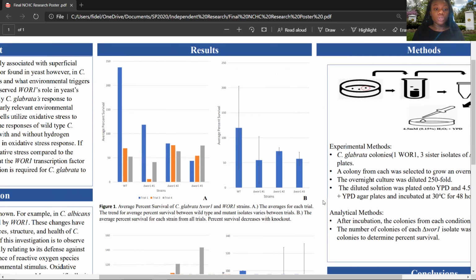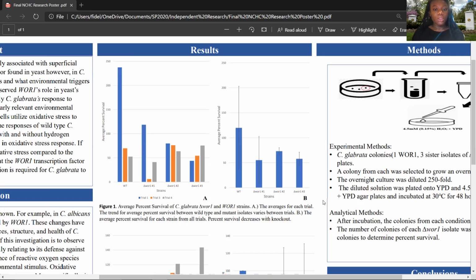Figure 1 is showing you the average percent survival of your Candida glabrata delta WAR1 and wild type WAR1 strain. What I found was that there was an overall trend that the mutant strains had a worse response to, or a lower average percent survival than, the wild type Candida glabrata.